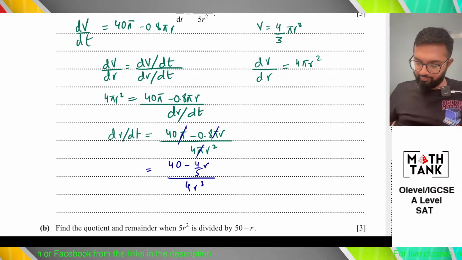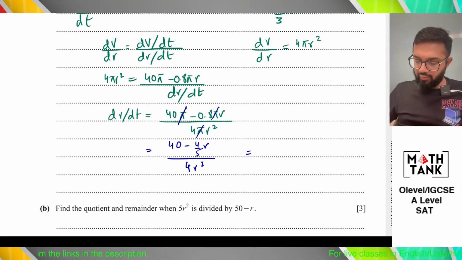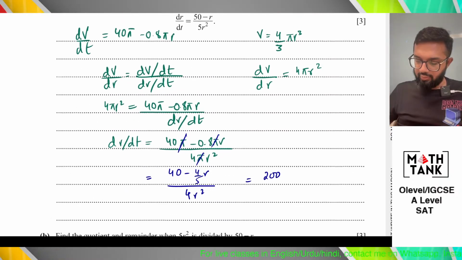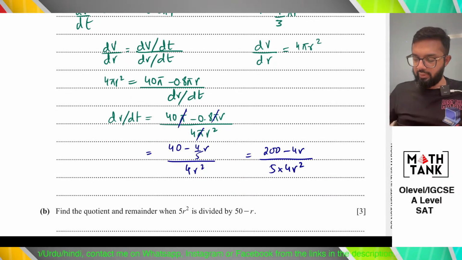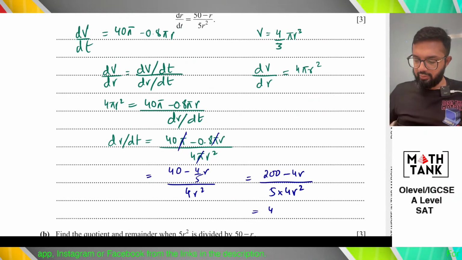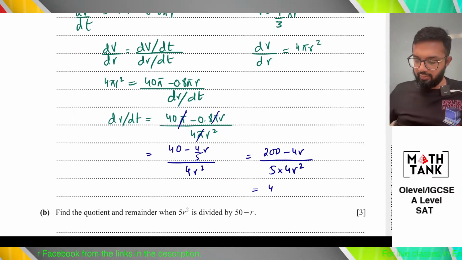Okay. So in the numerator, 5 into 40 is 200 minus 4r. And that 5 then gets multiplied with the denominator, so I get 400 minus 4r over 20r squared.